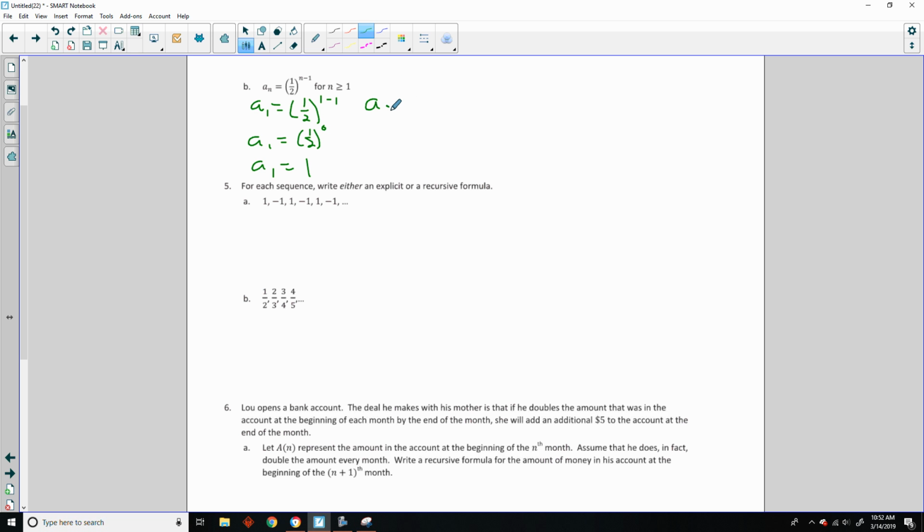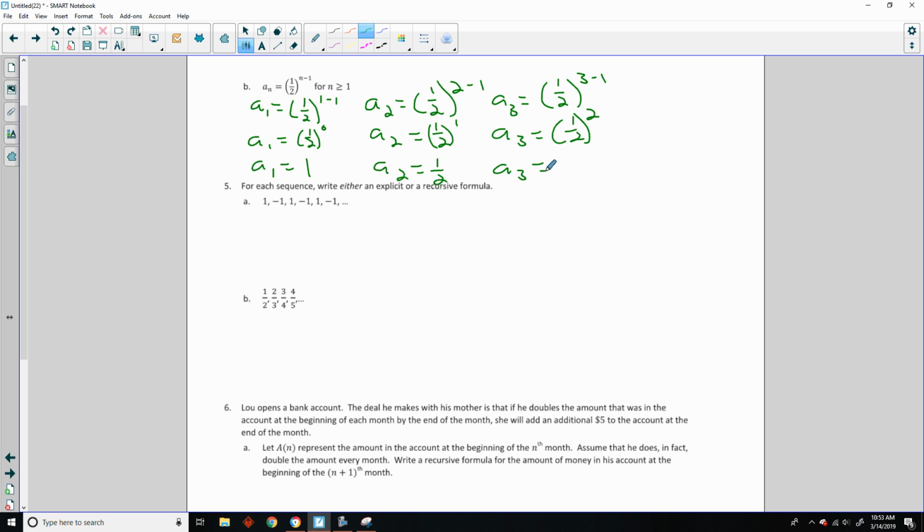A sub 2 equals 1/2 to the power of 2 minus 1. So a sub 2 equals 1/2 to the first power, or simply 1/2. A sub 3 equals 1/2 to the 3 minus 1. So a sub 3 equals 1/2 squared.